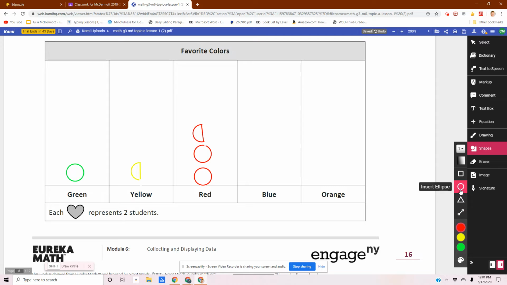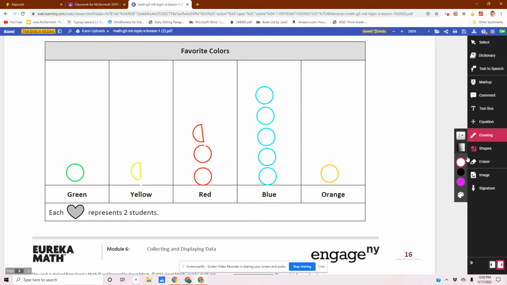Now for blue, we had a total of 10. So 10 divided by 2 would be how many circles? 5. 1, 2, 3, 4, 5. And in orange, we had just 1 vote for orange.